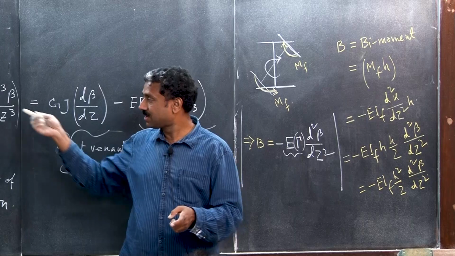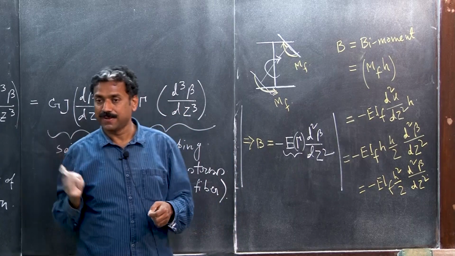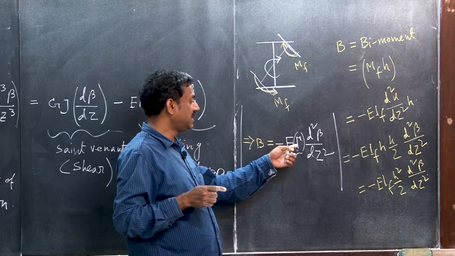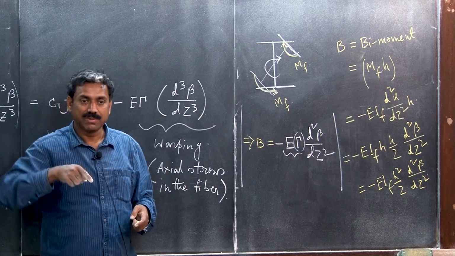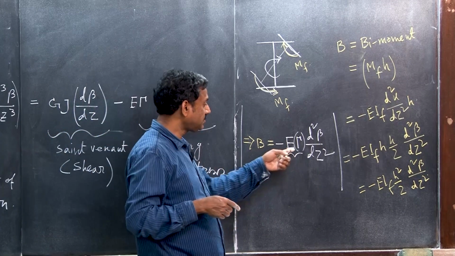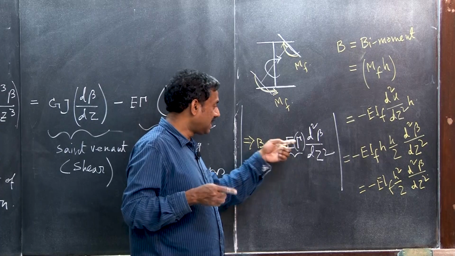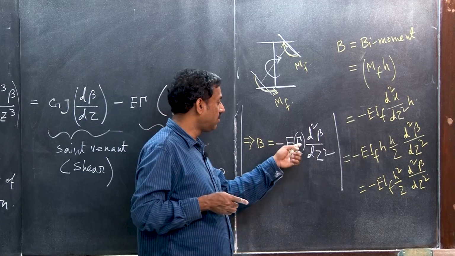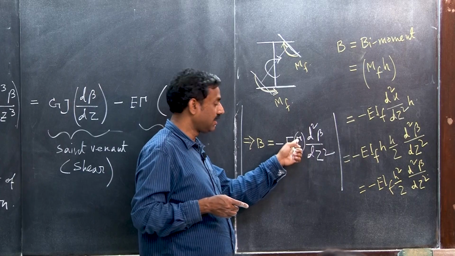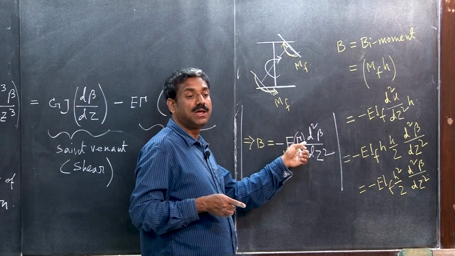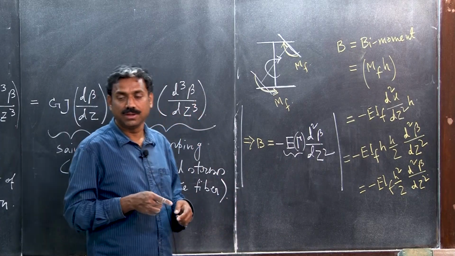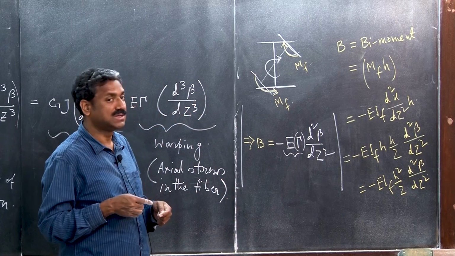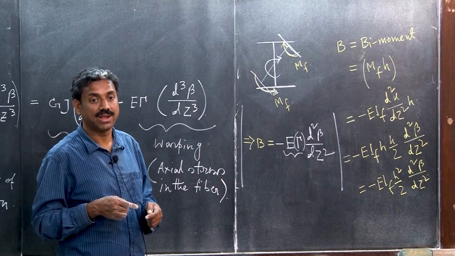Here we are doing it in a very simple way, okay, but please note that if we want to take the contribution of the web as well along with the flange, then there are techniques, there are theories, where you can find out the capital omega, and there are some coordinate systems, defined as the sectorial coordinate system.